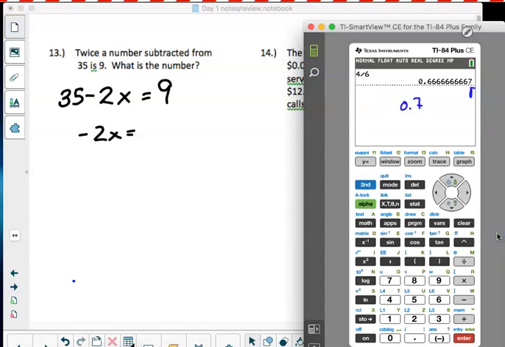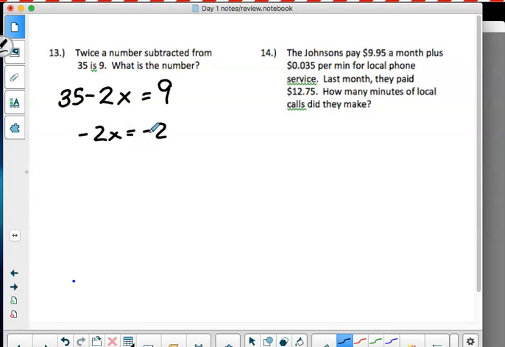Some people, when they're doing this, don't believe me when I come up with 26. It's 9 minus 35, not 9 minus 32. It should be negative 26. Now I divide by negative 2, and x is 13.